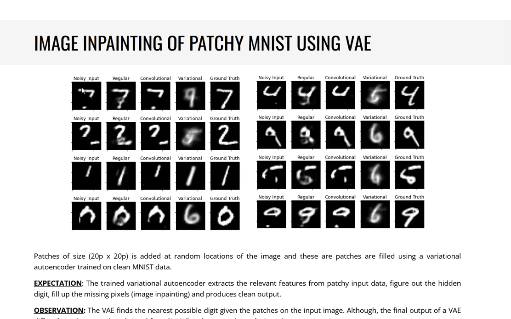In the first case, although you expect a 7 as an output, the regular one does perform well in producing a 7, but with a little bit of noise, whereas the variational output looks closer to a 9.